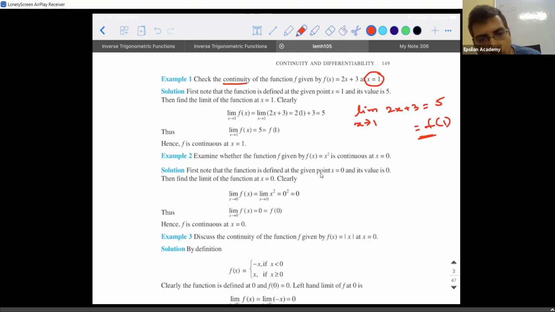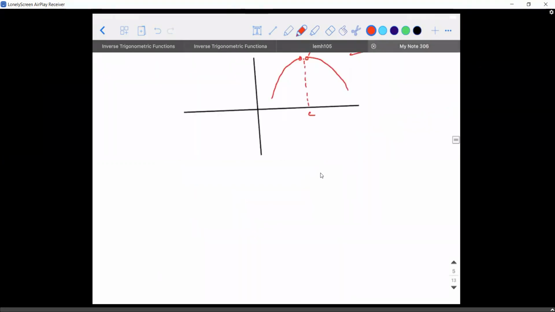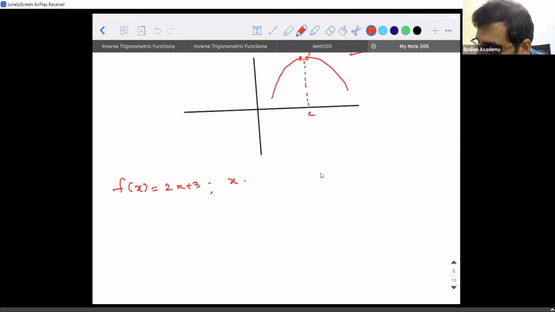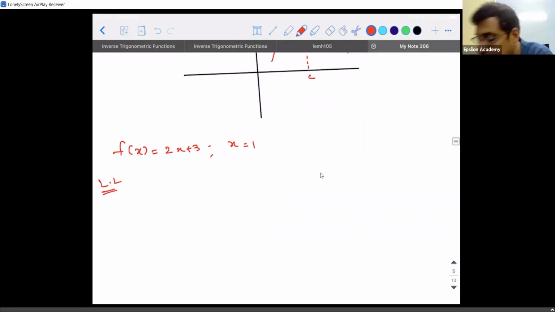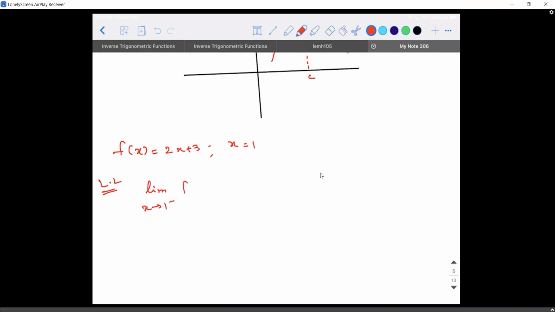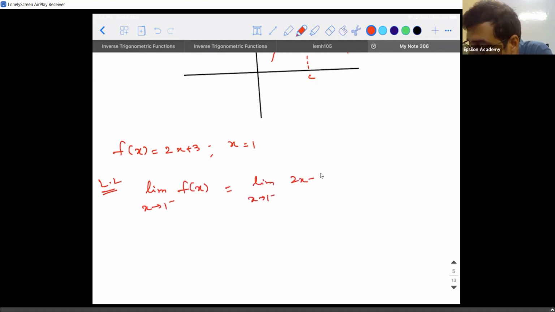Okay, you want me to show how to find using left limit and right limit? Yes, sir. Okay. So what is the function? F of x is equal to 2x plus 3, x is equal to 1. Now I will take the left limit. Limit x tends to 1 minus f of x is equal to limit x tends to 1 minus 2x plus 3.